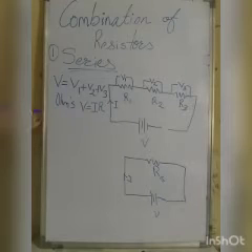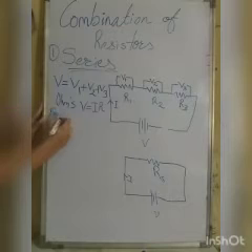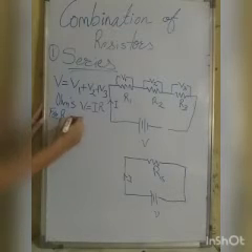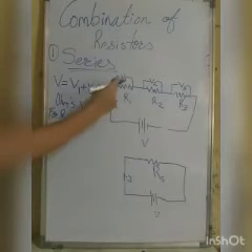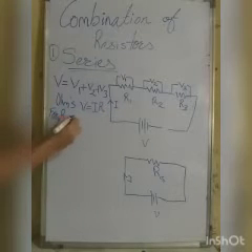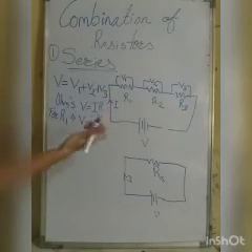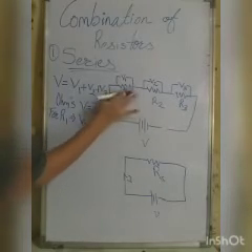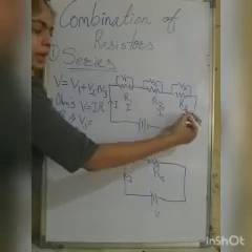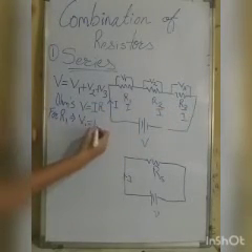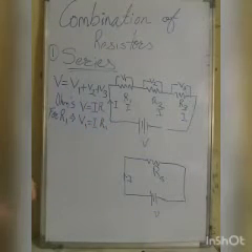So now for resistance R1, what is my voltage here? V1. The current is the same, it is going to flow through all the resistances. What is the current through all the resistances? That is I. So V1 equals I R1, right?